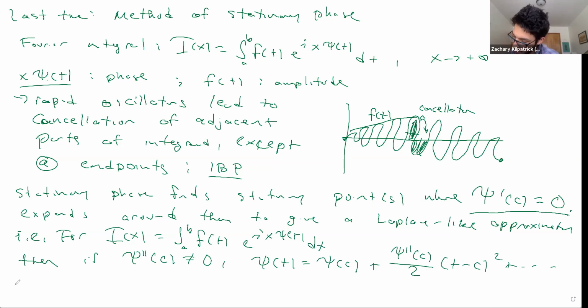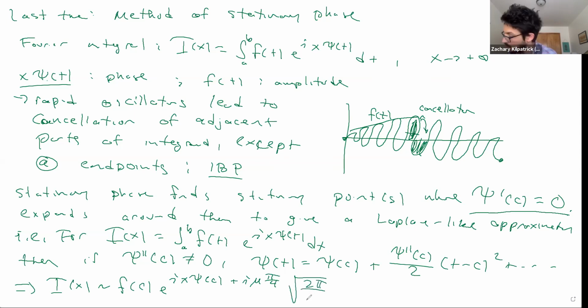Okay, so in this case, I of x is going to be approximated by f of c e to the i x psi of c plus i mu pi over 4 times the square root of 2 pi over x psi prime prime of c, where mu is equal to the sign of psi prime prime of c.